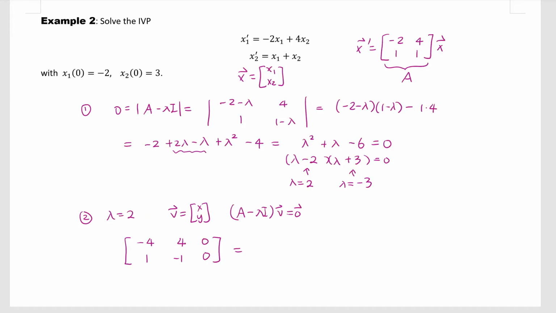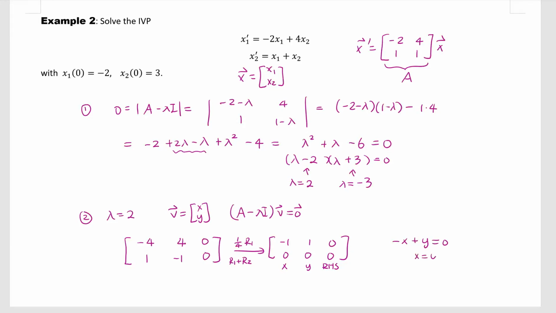Okay, you can see I can divide it by 4 because all of them have the factor 4 in the first row. And then I can use the resulting row 1 add to row 2. So here I'm actually combining two steps into a step. Yes. So then I have x, y, and this is the right hand side. The first row tells us that minus x plus y is 0.